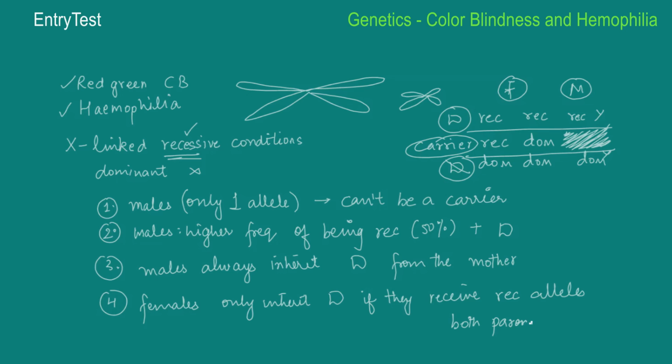Because again, go back to the table that I've drawn in the top corner. For a female to have a disease, she needs both recessive alleles, which will be possible only if they receive recessive alleles from both parents.